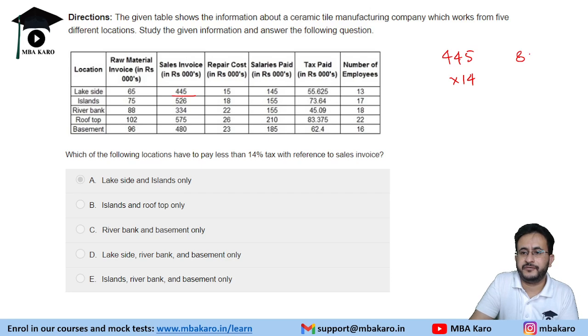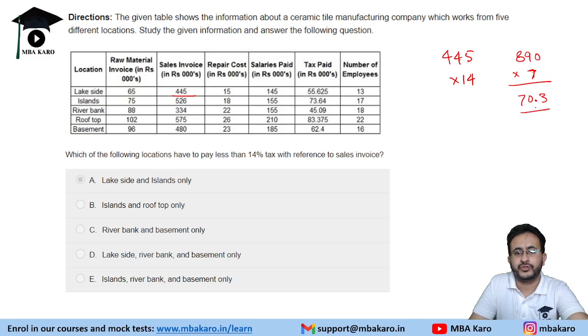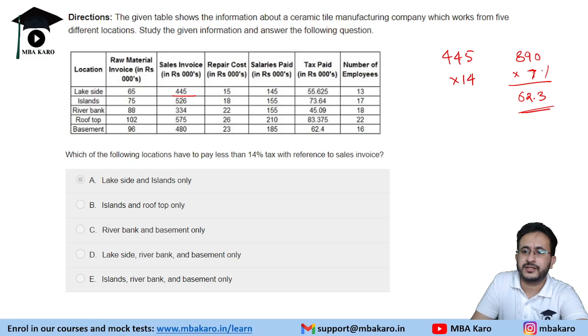Double of it is 890 and half is 7. If you know the table of 7, you can easily do it. 7 into 9 is 63, 6 carries, 56, 62, 623. So 62.3 should be the value.